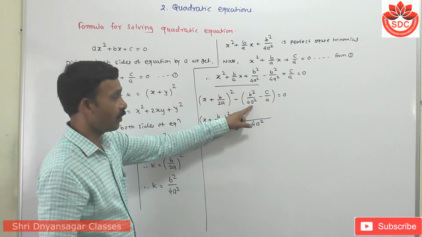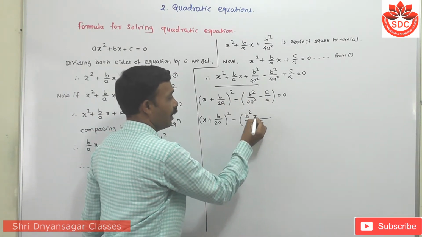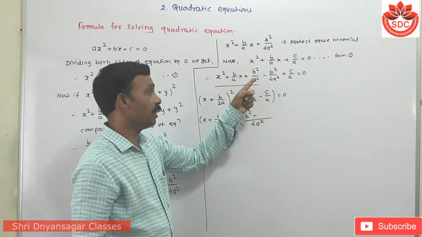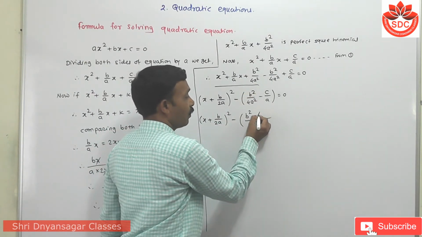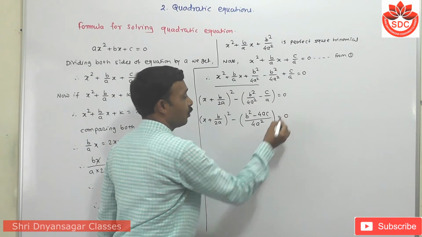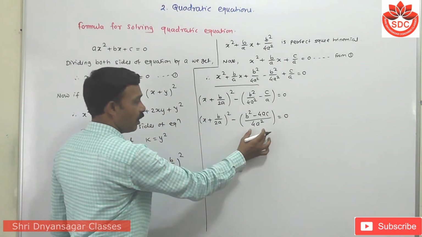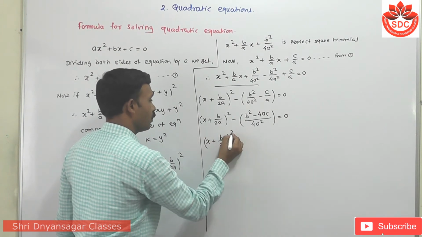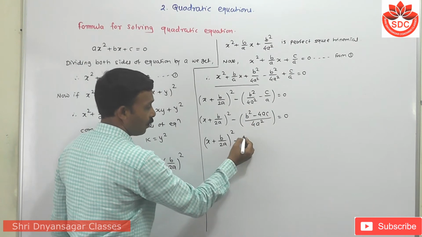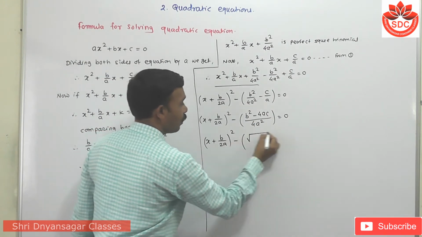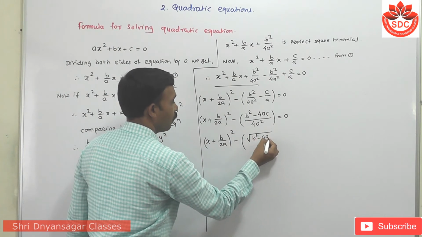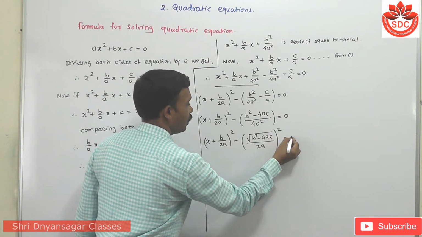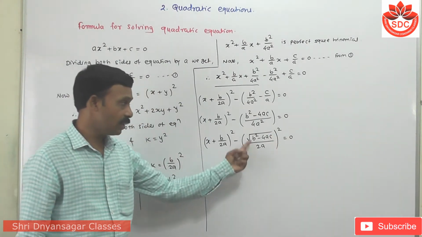Observe carefully, here 4a square is present, so b square is written as it is, minus here multiply by this a by 4a, so we multiply its numerator also by 4a, which means 4ac, equals 0. Students, this is the square of which bracket? x plus b upon twice a bracket square minus root of b square minus 4ac upon twice a bracket square equals 0.